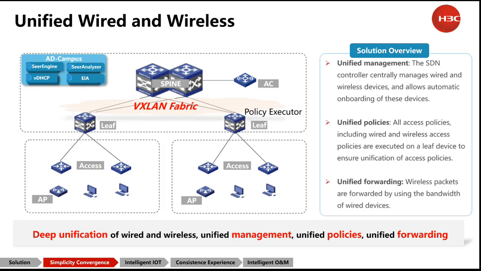Here with AD Campus, it is all unified in one location, and AD Campus doesn't care how the user gets onto the network. If they get in via the Wi-Fi, if they get in via the wireless, it doesn't matter. All the policies are executed from the same switches. Everything is enforced from the same controller, pushing down for unified forwarding of the traffic.